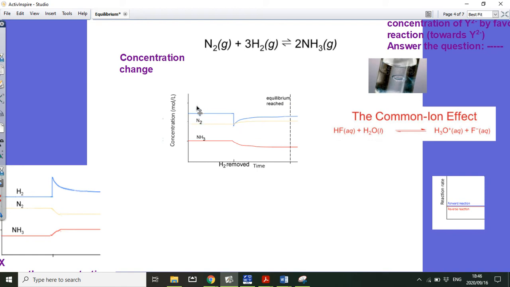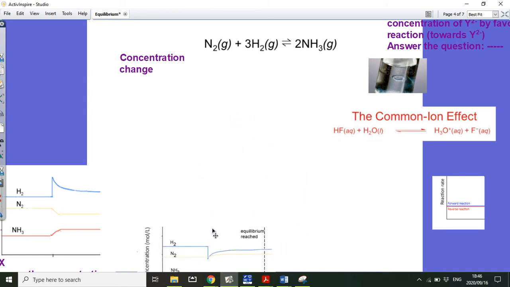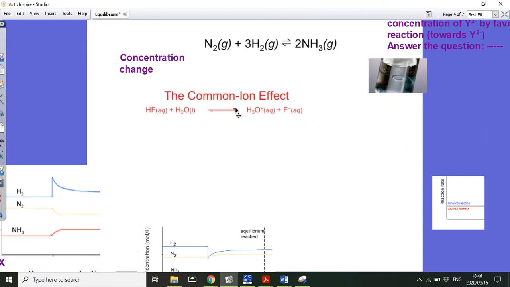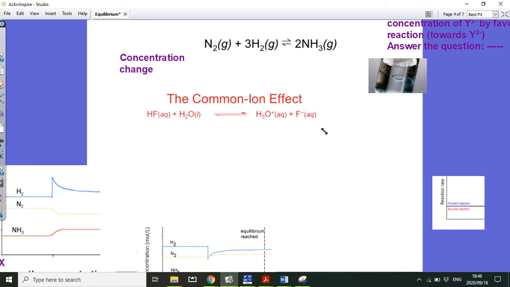Now, this doesn't often happen. We can't just pull one gas out of there, because then we're also going to make all kinds of other changes, since we're changing the pressure then. So that is a bit hard to do. What more often will happen is that you have an ion. The common ion effect is very similar to the adding of H2.